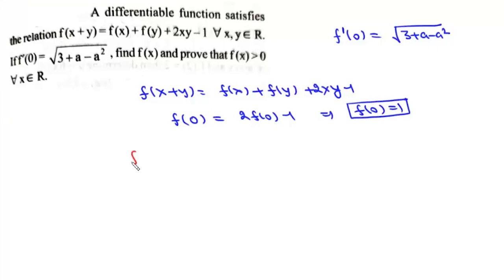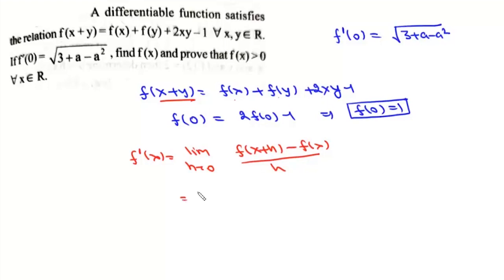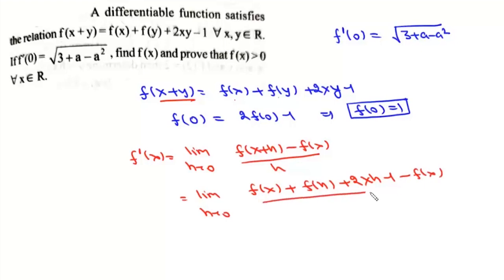Now we can write f dash x as the limit h tends to 0 of f(x plus h) minus f(x) upon h. Now f(x plus h) is f(x) plus f(h) plus 2xh minus 1. So it will be the limit h tends to 0 of f(x) plus f(h) plus 2xh minus 1 minus f(x), whole divided by h.